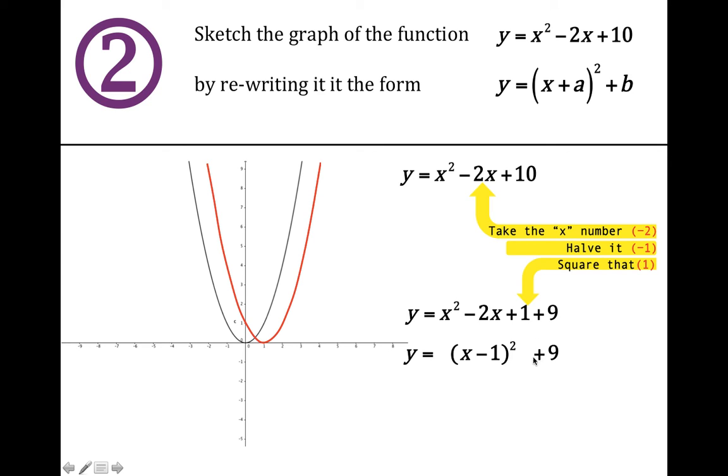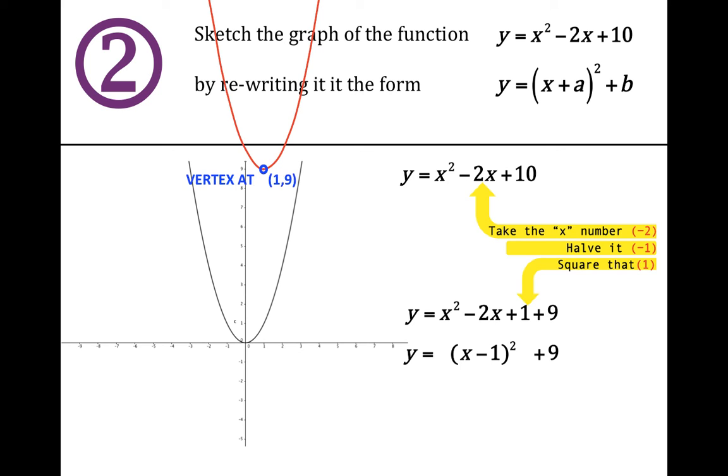Then we've got the plus 9 on the end, and that causes the graph to shift upwards by 9 units. So up it goes by 9 units. And then when it gets to where it's supposed to be, it has a vertex at 1, 9.